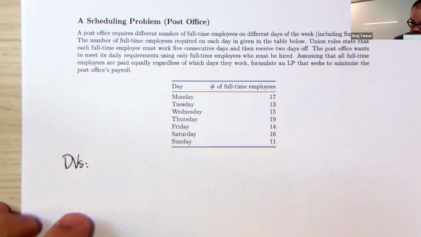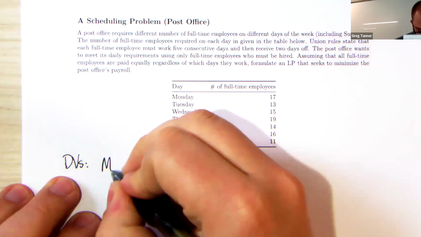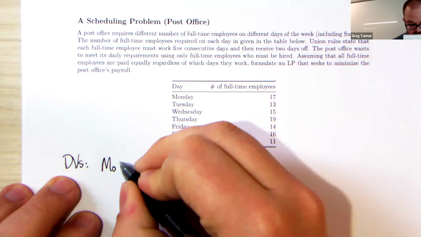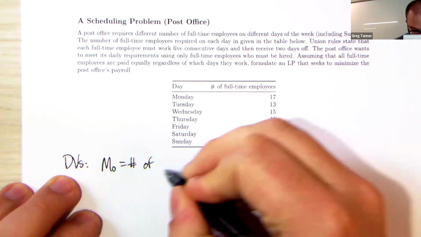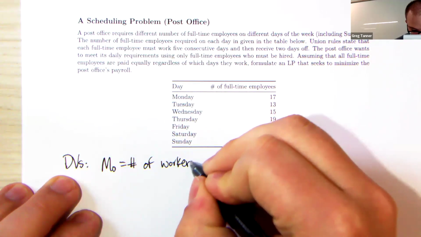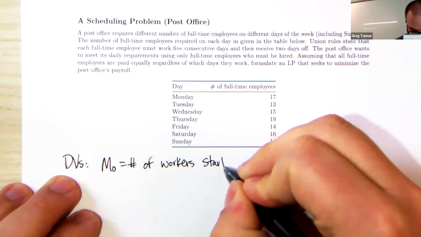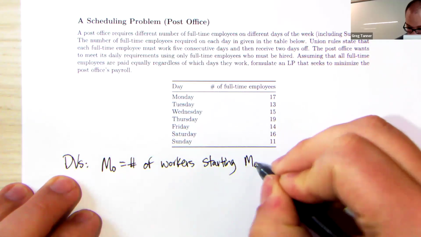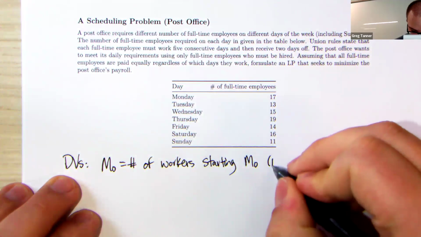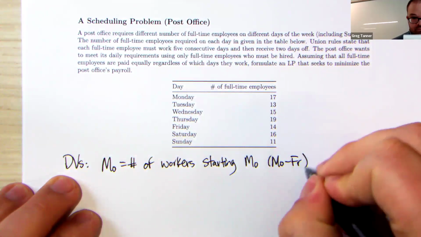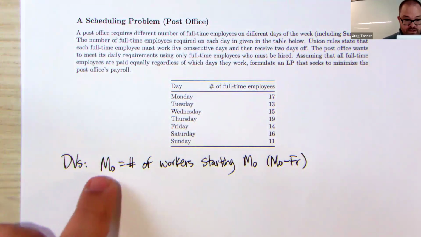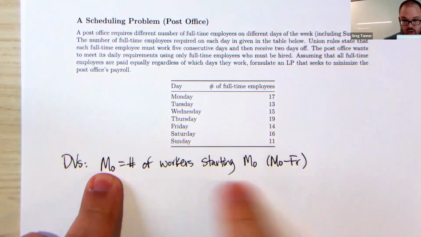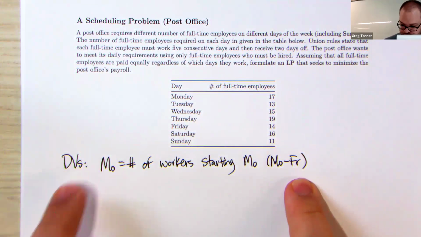My first decision variable, I'm going to call MO for Monday. Instead of being the number of workers working on Monday, that's going to be the number of workers starting Monday. And then they work Monday to Friday. By making that decision, that bakes in the union rule, in that all these workers starting on Monday are going to work a union specified work week.